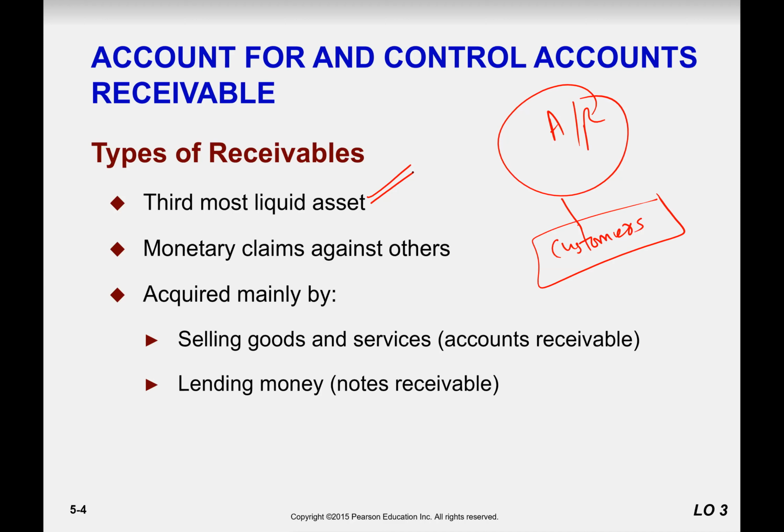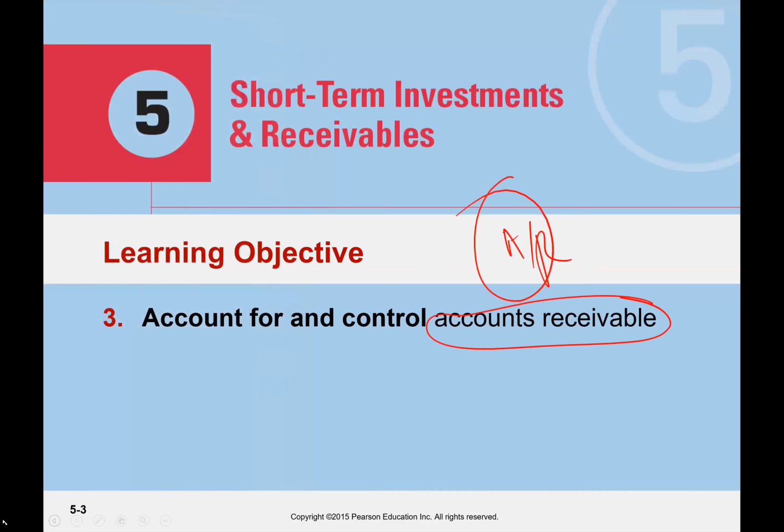Okay, let me give you the idea here. We skipped the short-term investments. So short-term investments, basically we invest in other companies' shares. So if we have excess cash, we purchase other companies' assets from the stock market, and there are three uses of those assets.